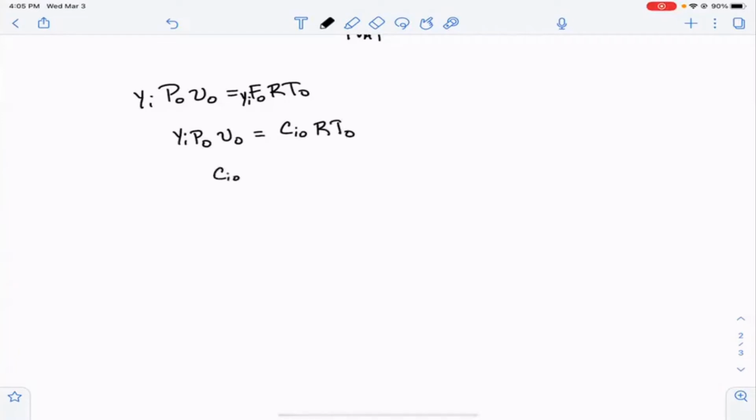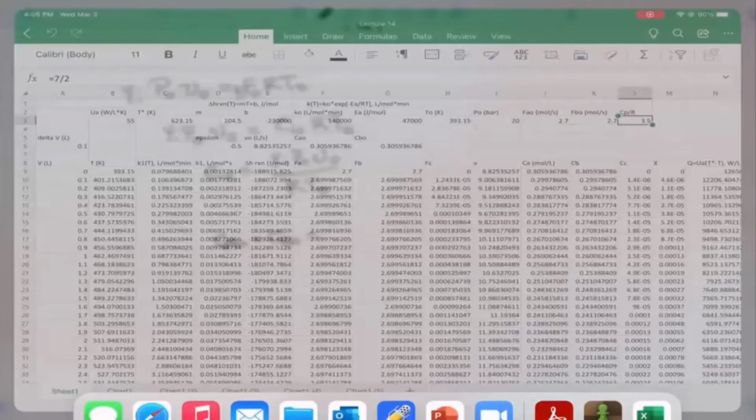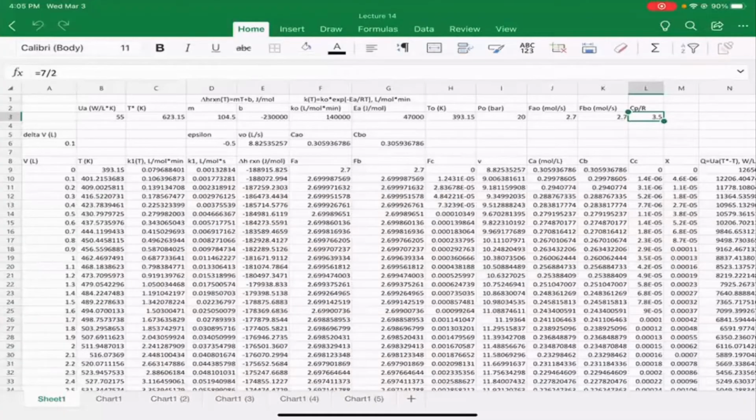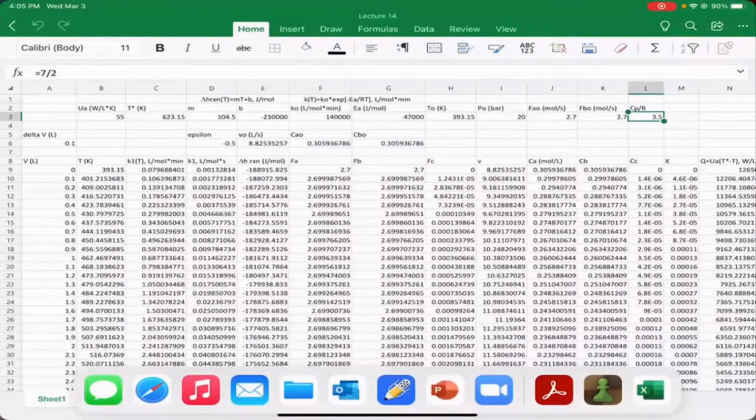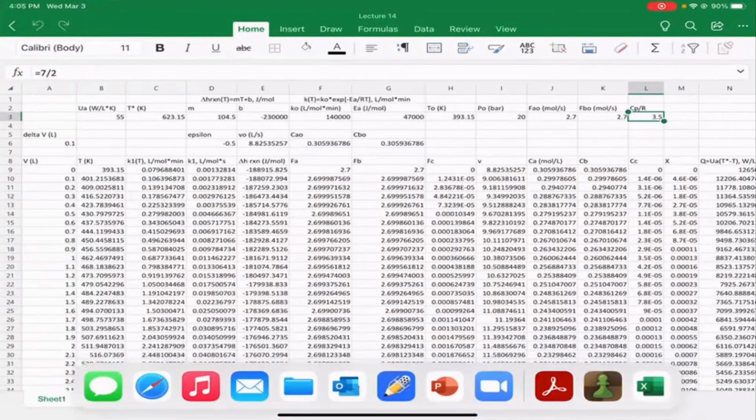So the concentration of our species is equal to Yi times P0 V0 divided by R T0. We have all of these values, and Yi is the same for both A and B. So CA0 equals CB0, and we can see in our Excel file that that is 0.3 moles per liter.